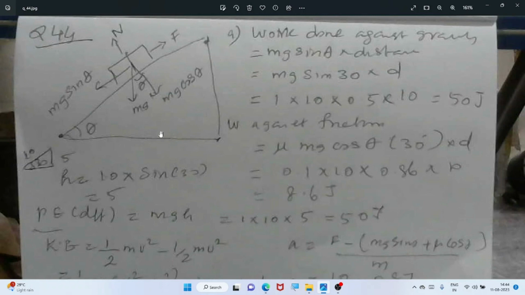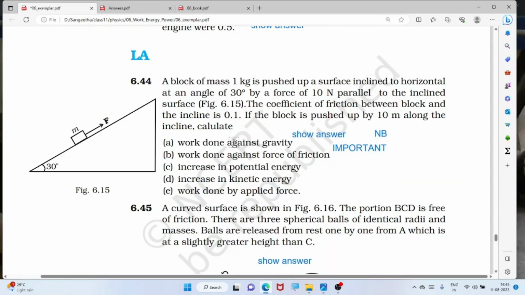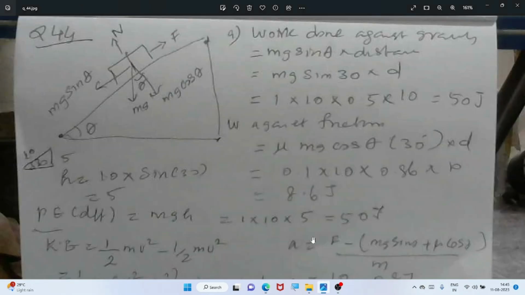Against the friction, we have to calculate, considering that constant also. The frictional coefficient is 0.1. If you use mg cos theta, cos 30 is 0.86, this much.